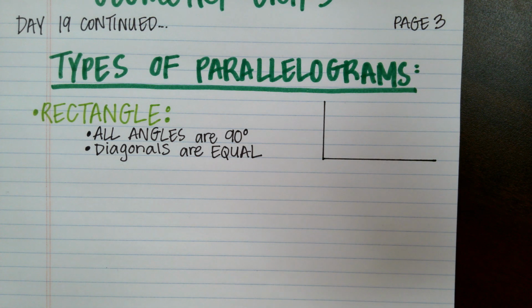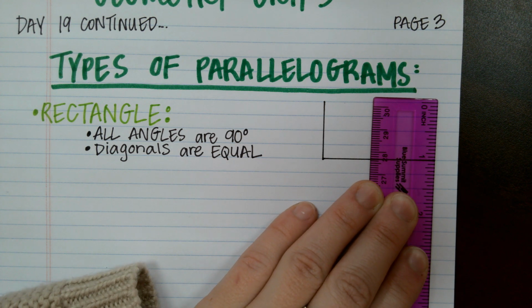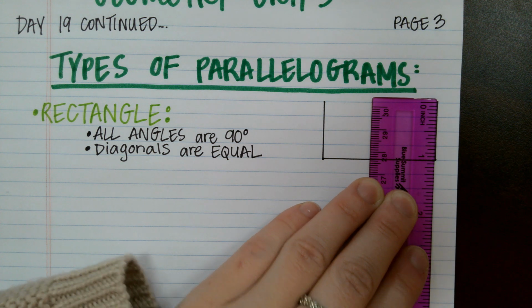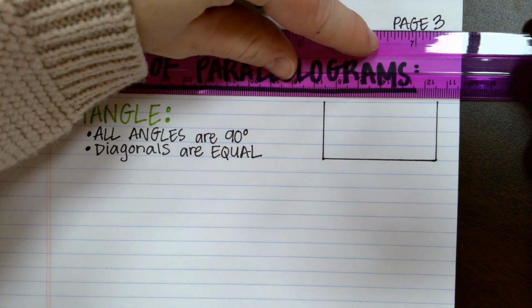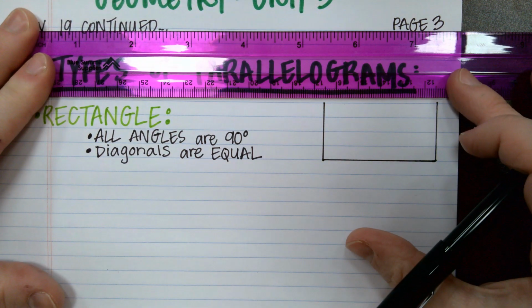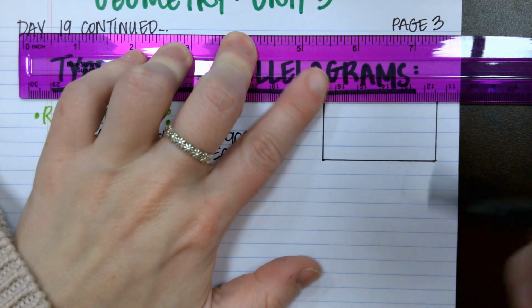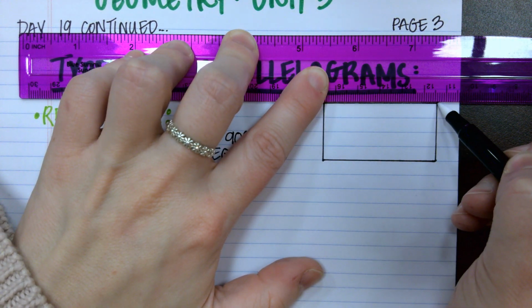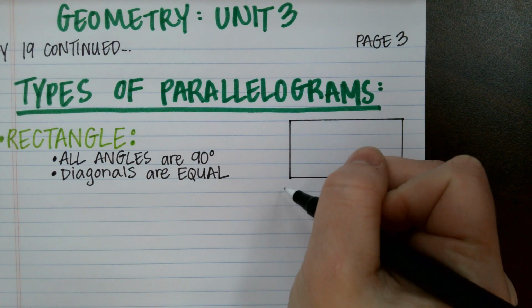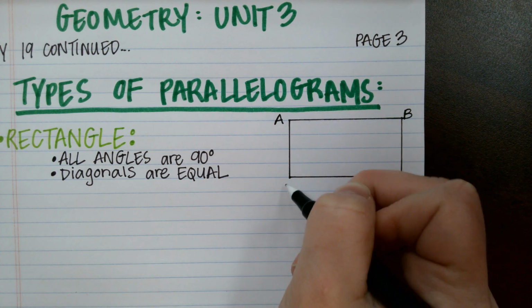I'm doing a 1 inch by 2 inch rectangle here. Like my vertices A, B, C, D.